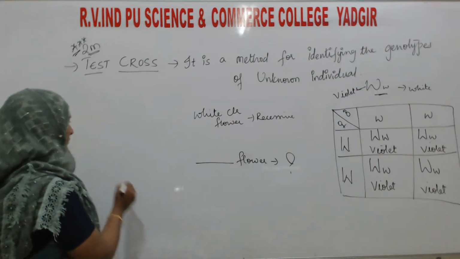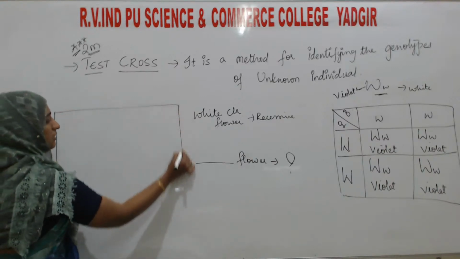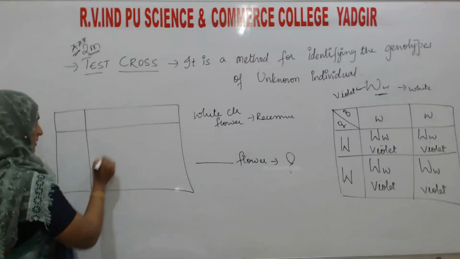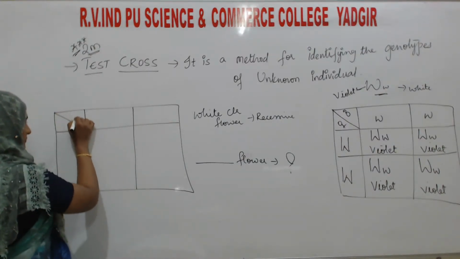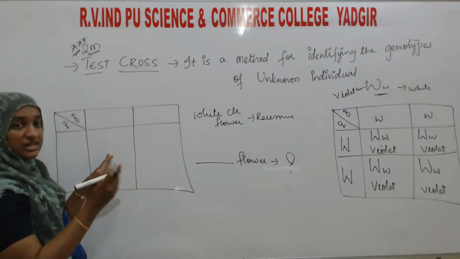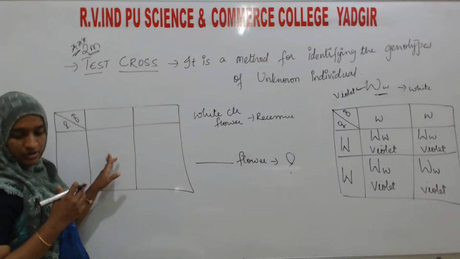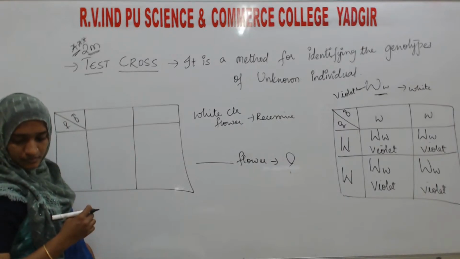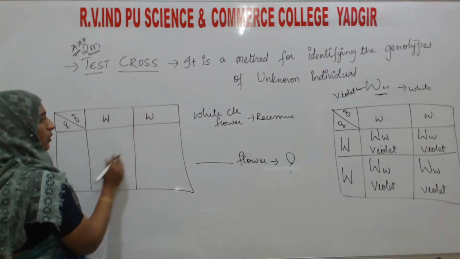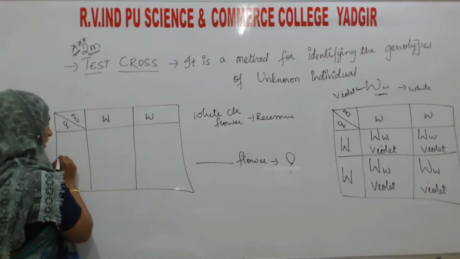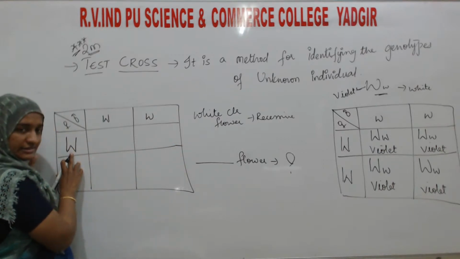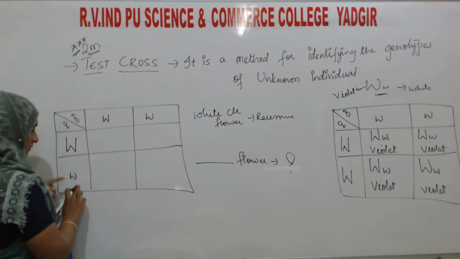See here, one more test cross. First he has taken the recessive white color flower, both of them small w, and one more with only one dominant gene, and another small w.